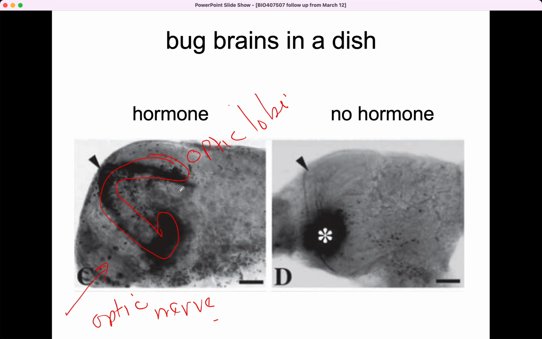And so, complicated vision requires more of a brain. And so really none of these dots here, these are cells in the cell cycle that are copying their DNA. So they're going through the S phase of the cell cycle, and you see that if you have the hormone and not if you don't. So just a specific way of detecting whether or not development is occurring in a dish.